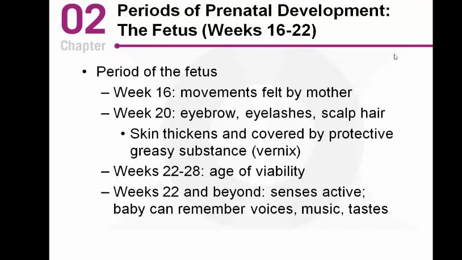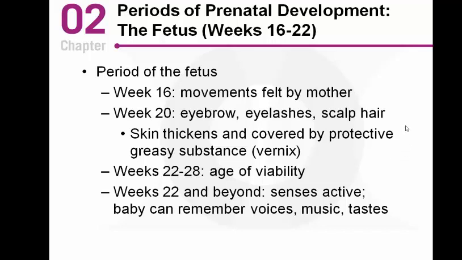Around week 20, so about halfway through pregnancy, that's where we can see things like eyebrows, eyelashes, hair coming in, and also the skin is protected by what they call a vernix, or vernix caseosa. The thing about the vernix is that it is intended to protect the skin.